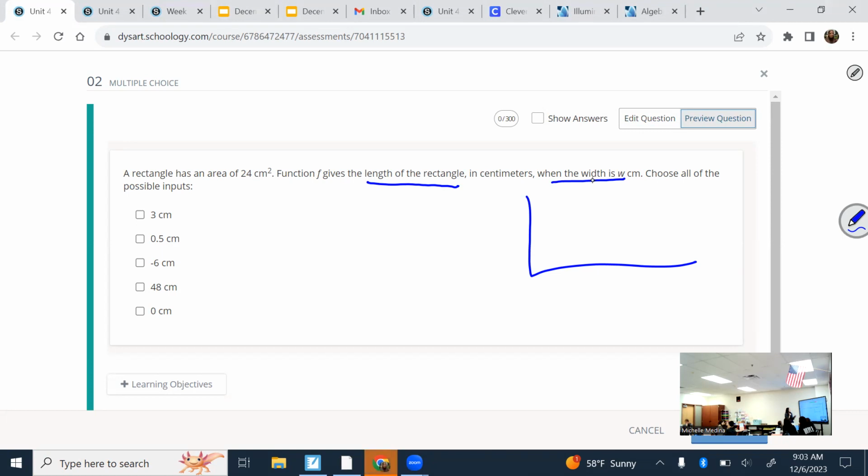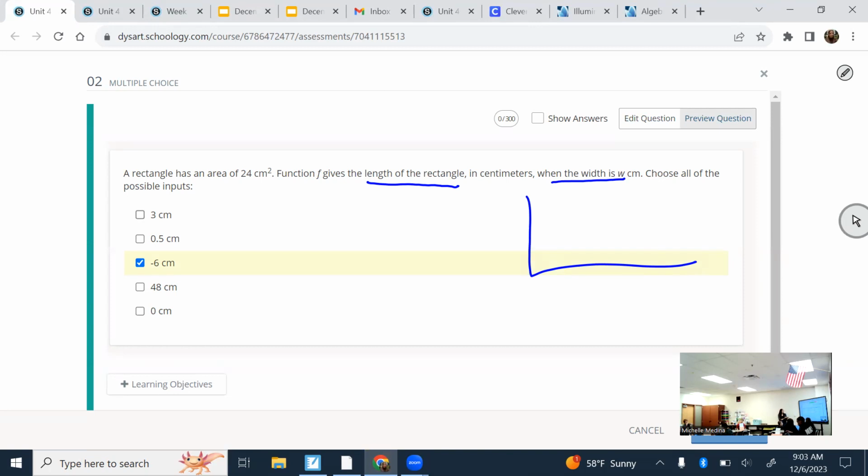When we are talking about possible inputs, it could either be the length or the width. They're kind of the same, honestly. They'd be interchangeable, length and width. Which one of these could not be a measurement of a length or width? Okay, good. Then also zero is kind of hard, whether to include it or not.